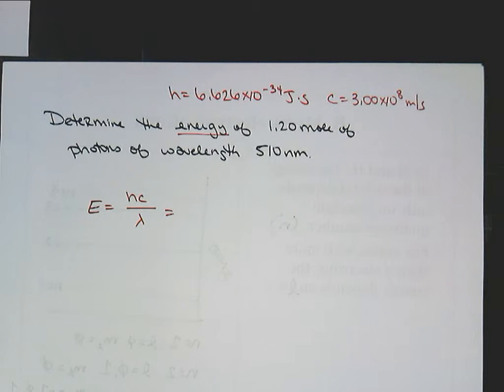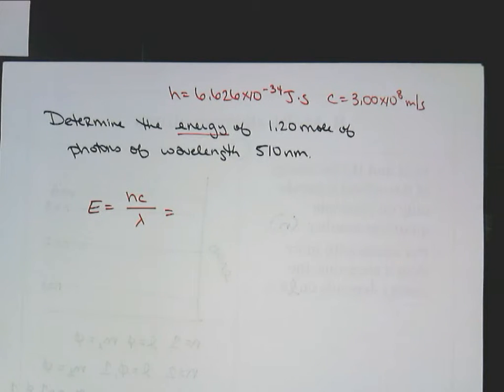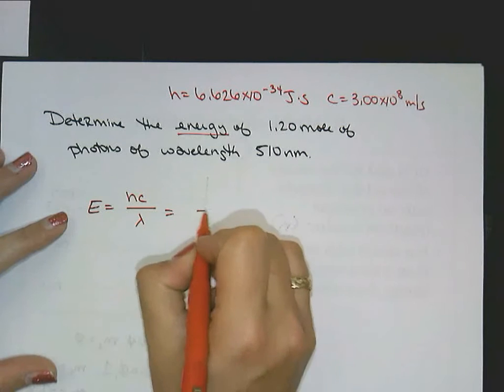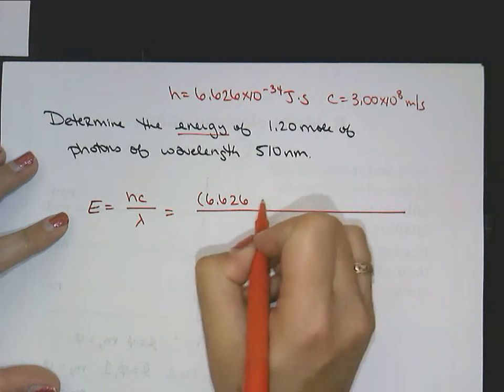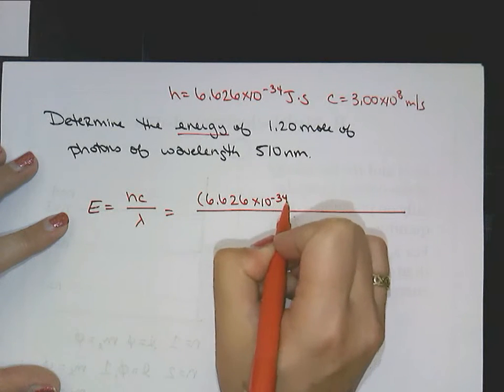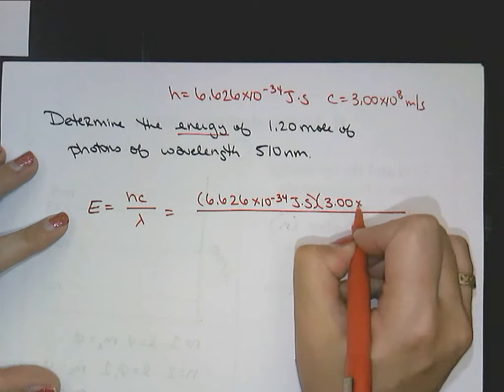You could convert the wavelength from nanometers to meters first and then plug it in, or do it all at once. Both are fine, as long as they come out mathematically the same. I'm going to do it all at once, because I am a risk taker like that. If you know anything about me, you know that is the craziest statement I've ever said. I'm not a risk taker at all.